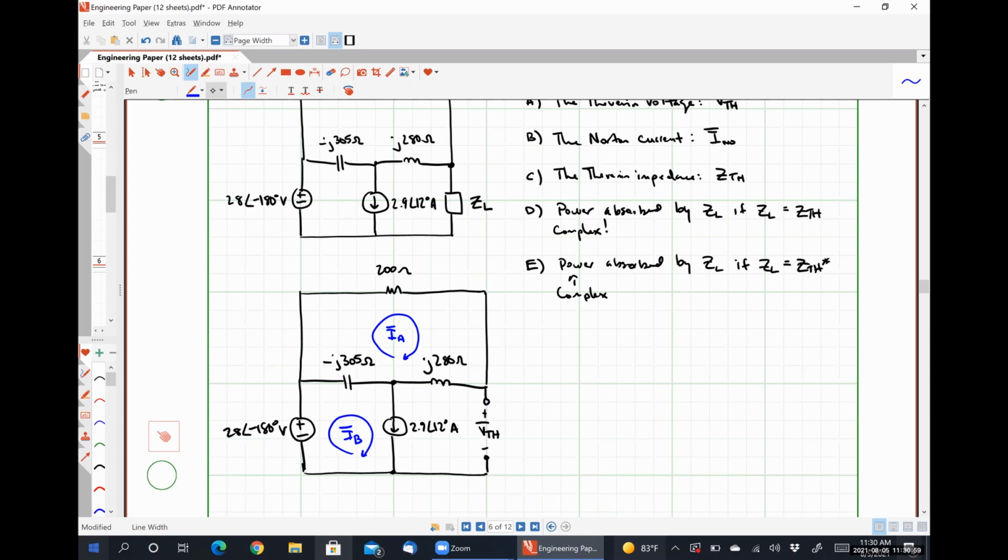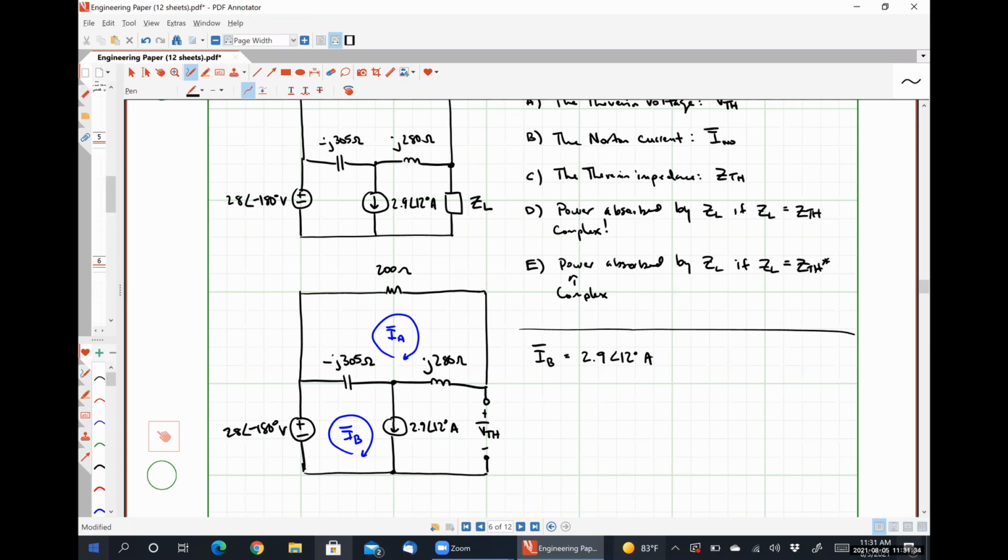I have a current source on the perimeter of my circuit, so mesh current IB is equal to 2.9 angle 12 degrees amperes.